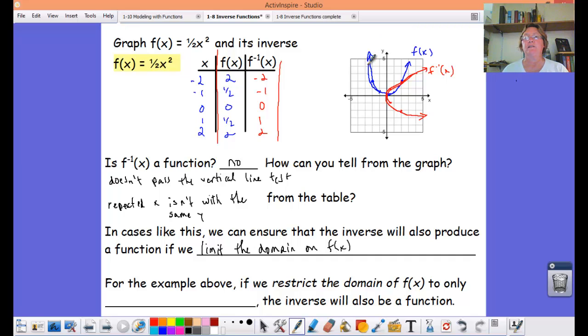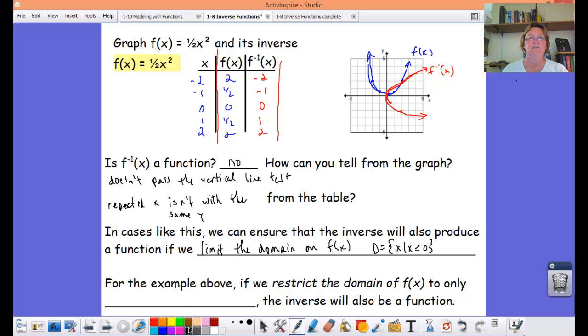So if we restrict the domain on f of x to positive values only, okay? So for this example, if the domain were positive only, then we would have a function, because all we'd get is this part and this part.